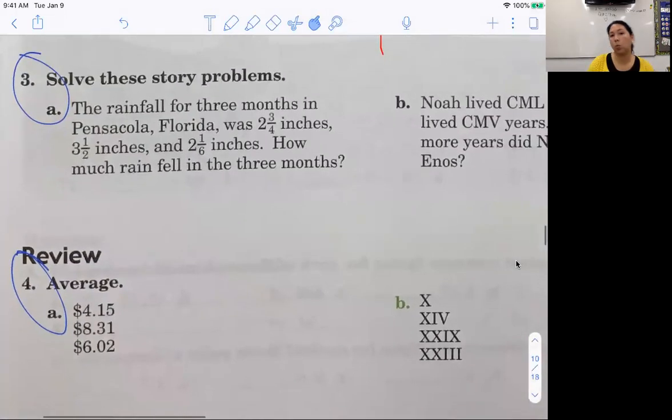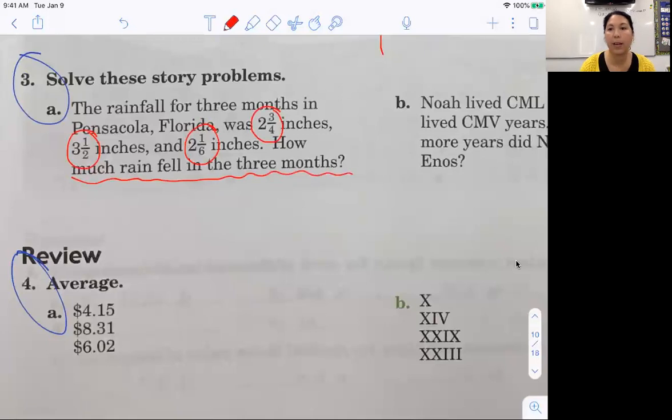You are going to do this word problem, but I'm going to read it to you. The rainfall for 3 months in Pensacola, Florida was 2 3/4 inches, 3 1/2 inches, and 2 1/6 inch. How much rain fell in the 3 months?